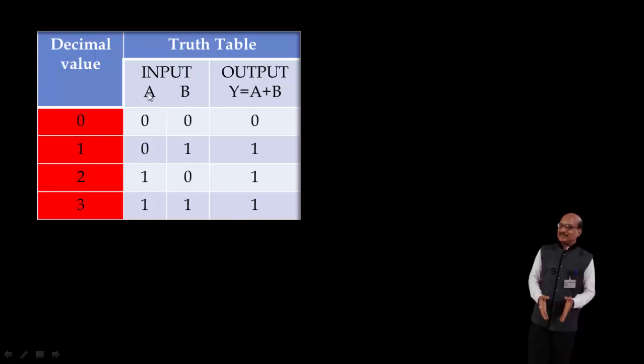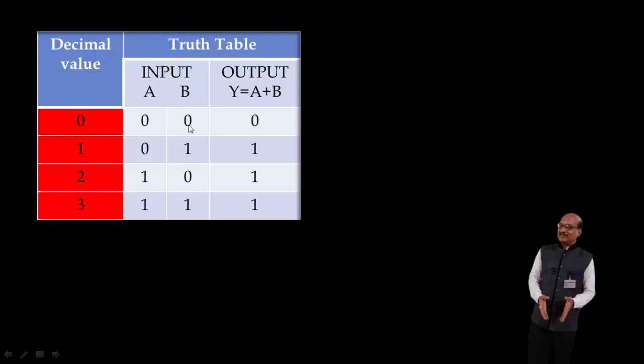Now the number of inputs decides the number of possibilities or number of rows in a table, because in binary number system the base of the number system is 2, and therefore if we have two inputs, then the total number of possibilities are 2 raised to 2, that is 4.